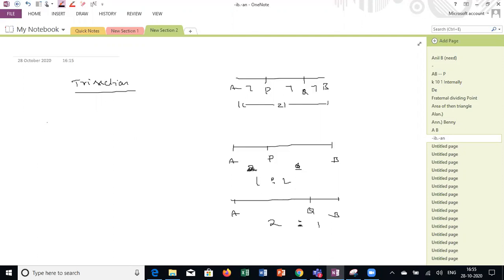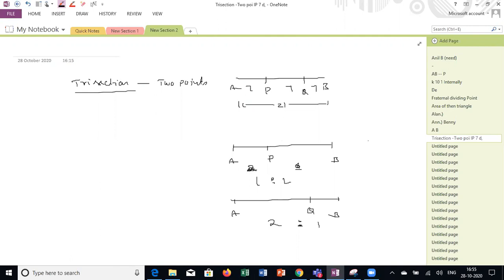So first, whenever they ask for the trisection, you will get 2 points as the answer. Trisection means there must be 2 points which divide the line into 3 equal parts. So you have to find the 2 points.